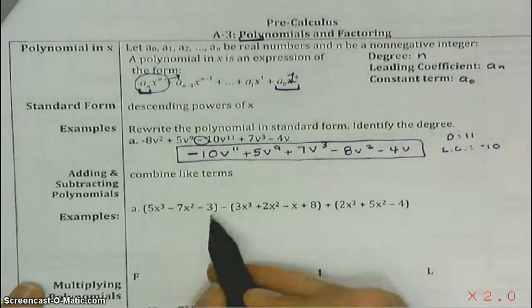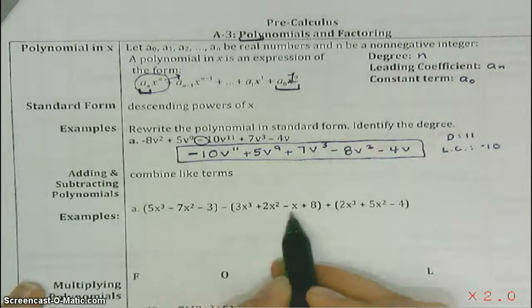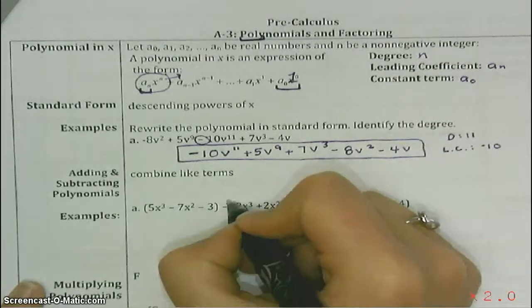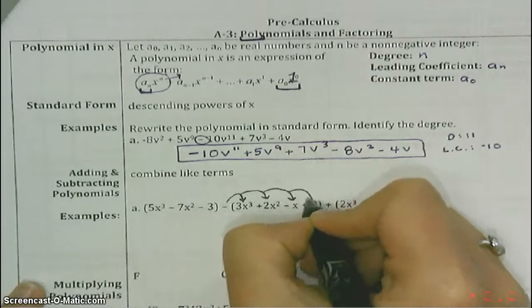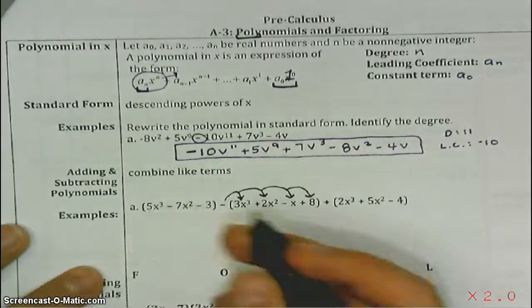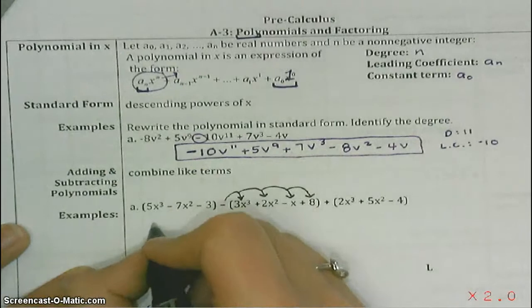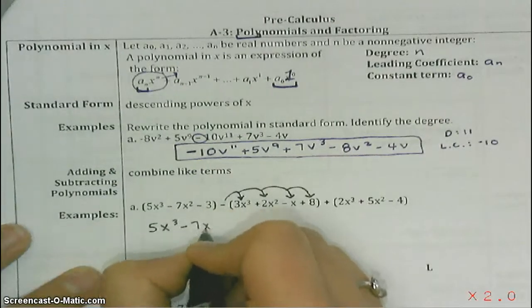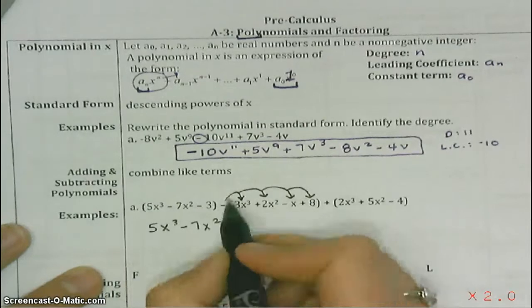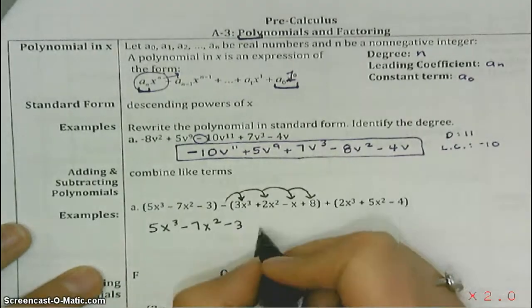So here we have a negative outside of the second quantity. When you distribute this, keep in mind that you can actually drop the parentheses around the quantity. This first one doesn't have anything on the outside, so I'm just going to let it be 5x to the 3rd minus 7x squared minus 3. And then I'm going to go ahead and distribute this negative inside the second quantity.